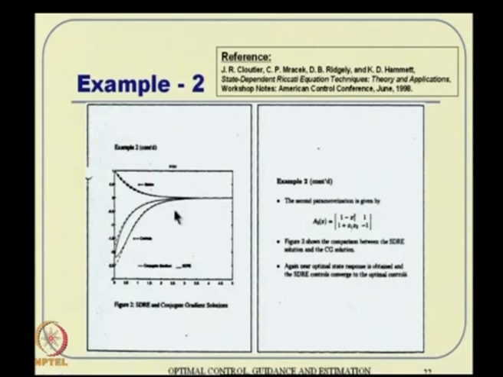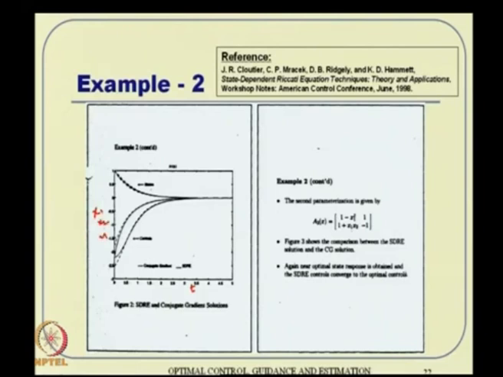You can notice they are close, but in the initial phase they are not close actually. They become very close to each other as time evolves. This is the time axis, and this is both your state and control. So, you have your x1, your x2, and u actually.